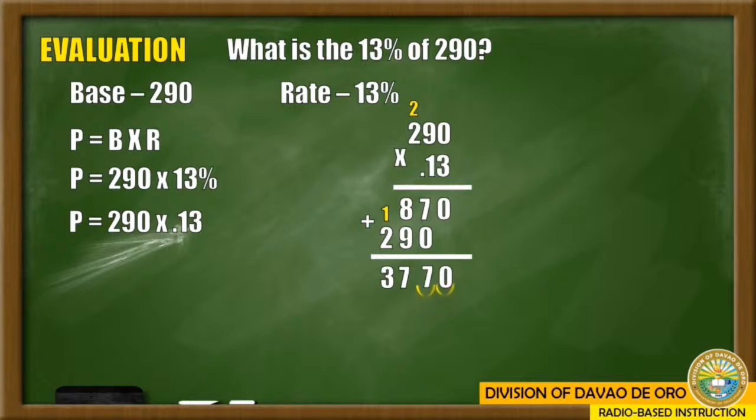So we will move like this. Our decimal point will be put in the middle of 7 and 7. So our answer, or the value of our percentage, is 37.7 or 37.70. Understood? Good job.